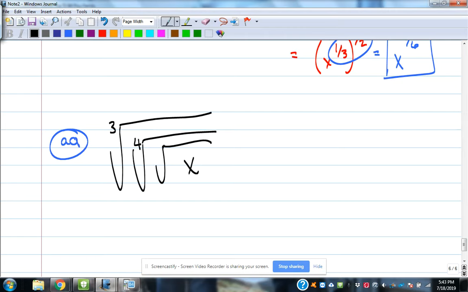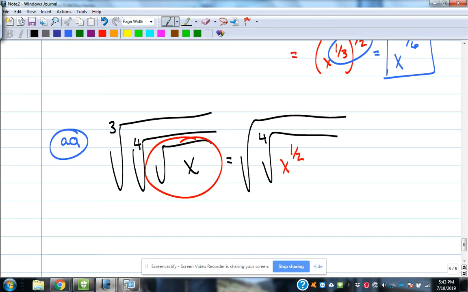So 3 radicals in there, if we can wrap our head around that. Again, you're going to start on the inside. What does that one become? x to the 1/2. Good. And then we still got the 4th root and the cubed root.